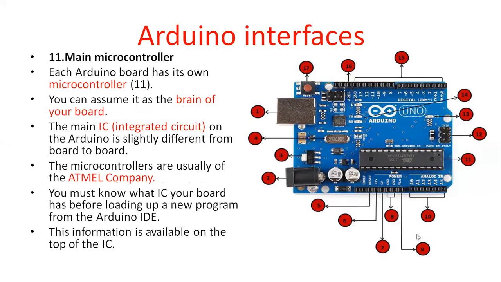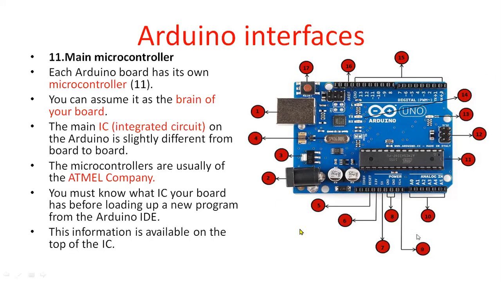For example, in a computer, the microcontroller is the main brain. Is it correct or not? It's just like a brain. Each Arduino board has its own controller, and you can assume it as the brain of your board. The main integrated circuit on the Arduino differs from board to board.